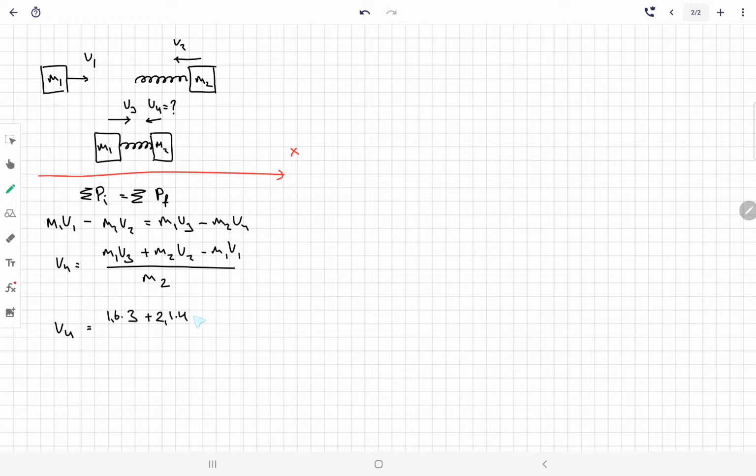Just magnitudes here, we are using just numbers. 1.6, velocity 4, over M2, which is 2.1. So from here V4 will be equal to, we need to use our calculator, 1.6 times 3 plus 2.1 times 4 minus 1.6 times 4.